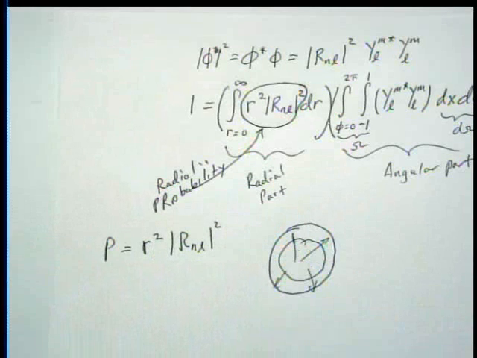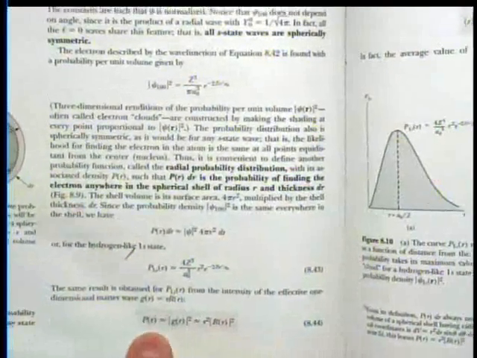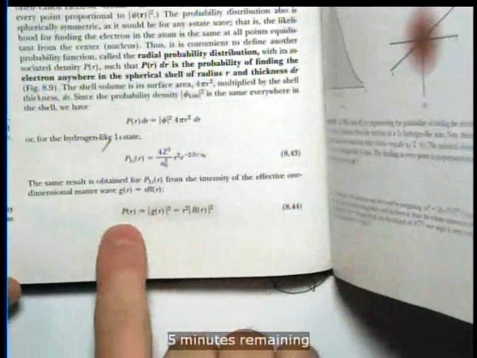And that problem, again, is put in your book. If you look in your book, in chapter 8, he has a formula. Find the probability as a function of r.